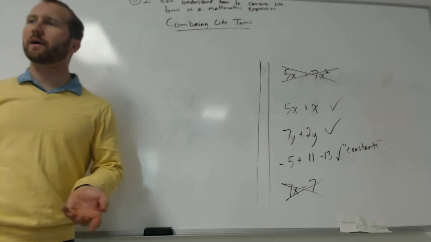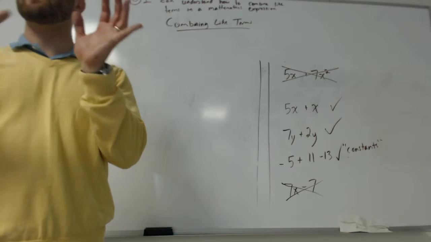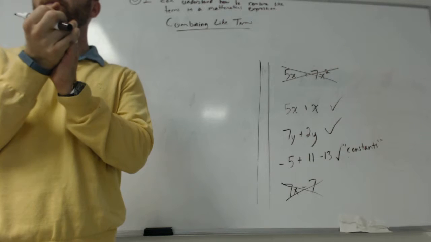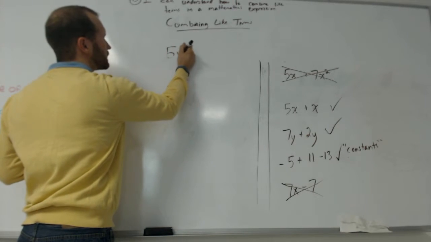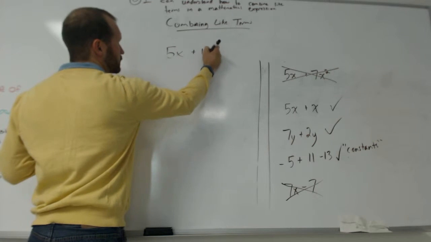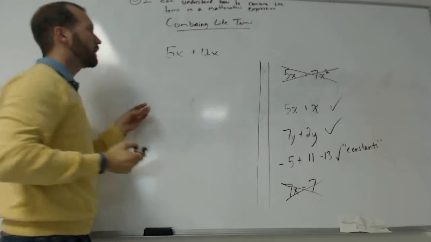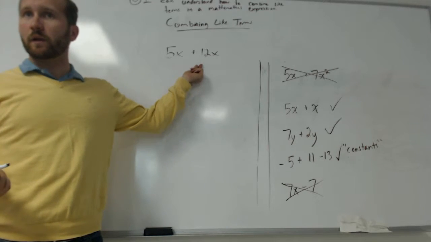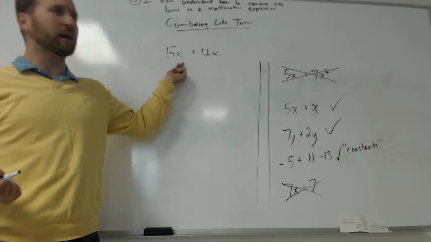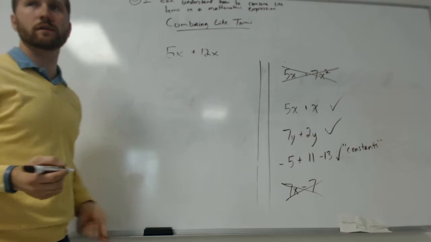The cool thing about like terms is that they can be combined. So if I have 5 x's and another 12 x's, I can combine these together into one term. How many x's do I have if I have 5 x's and 12 x's? 17.